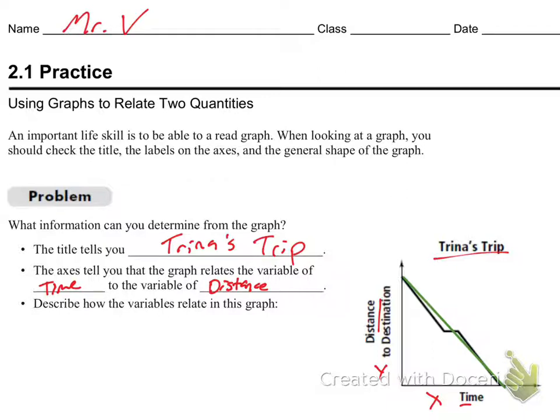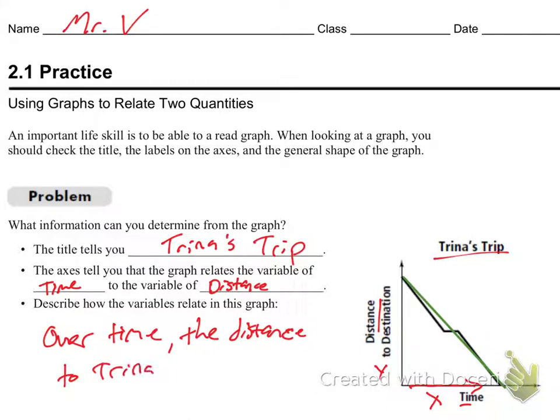So over time, the distance to Trina's destination decreases or gets smaller. And if you'll notice, I used the variable of time and the variable of destination.